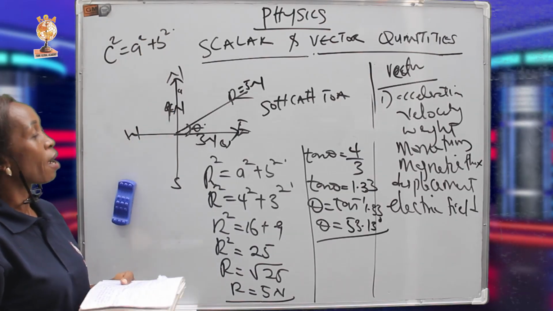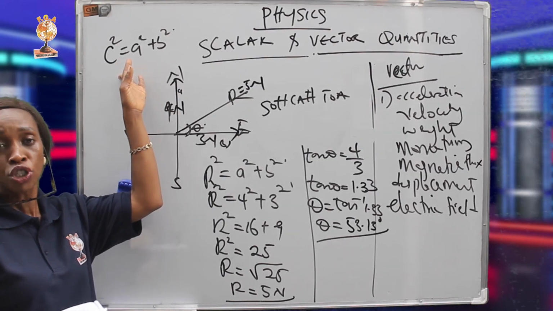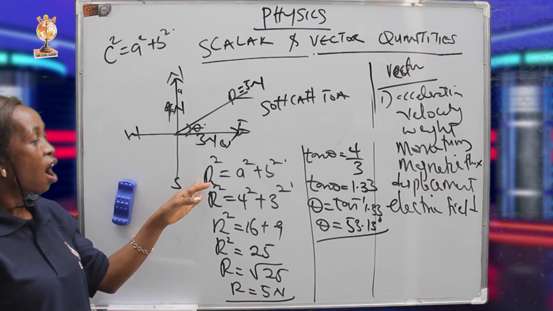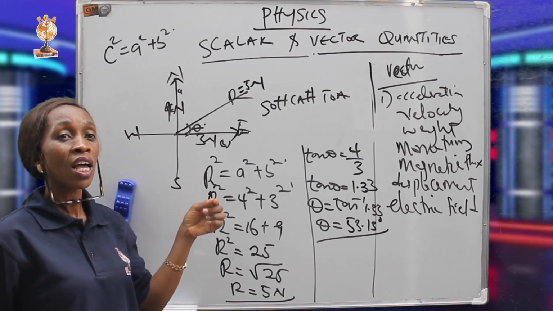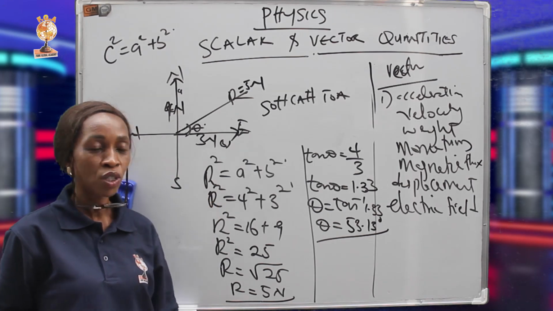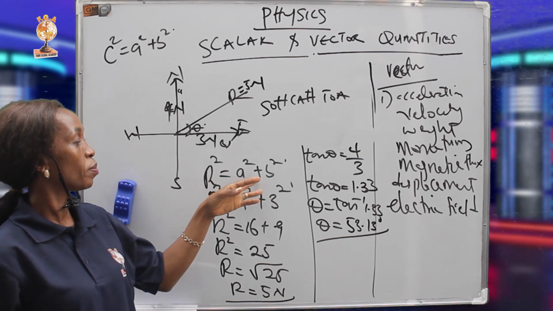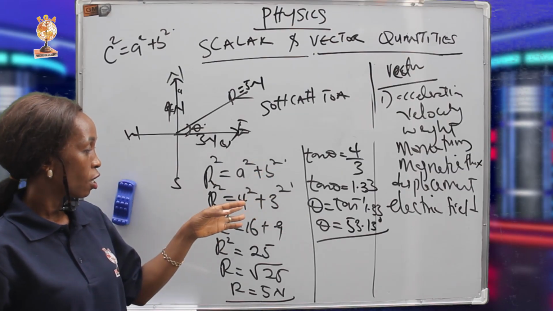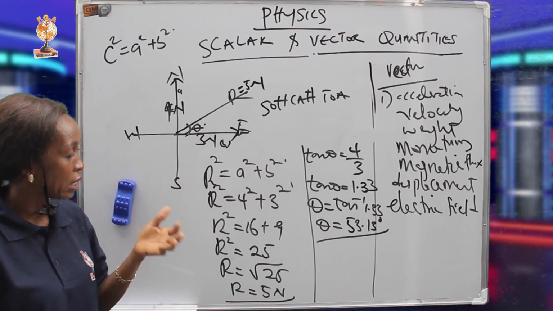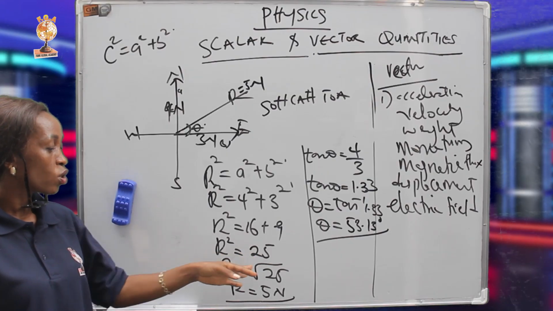But in physics it can be any letters, but we are using the same procedure. And so r squared, I'm using r squared because I am dealing with the resultant. So r squared is equal to a squared plus b squared, which is 4 squared plus 3 squared, which is 16 plus 9, 25, and then the square root of 25 is 5.